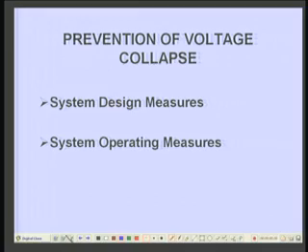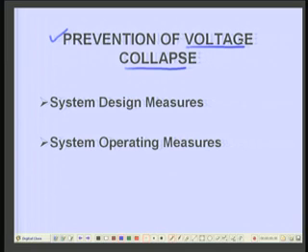Next point we will discuss is what can be done and how the system can be designed and operated so that we avoid the voltage collapse situation. That is, we want to operate the system so that we can prevent the voltage collapse.